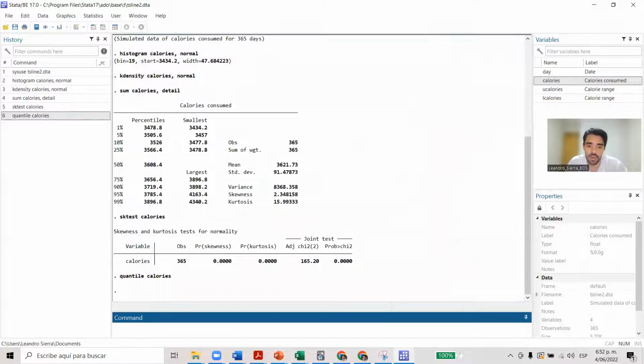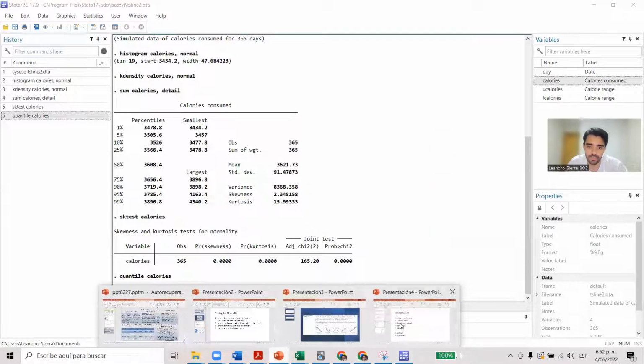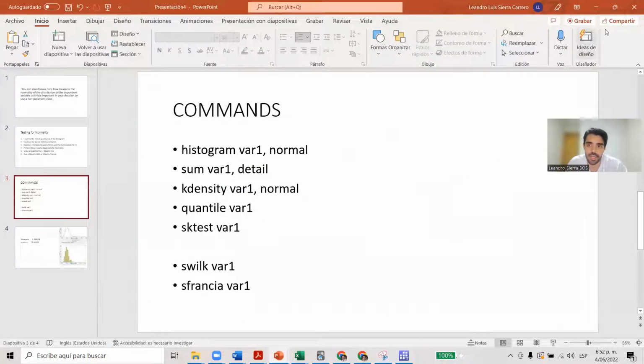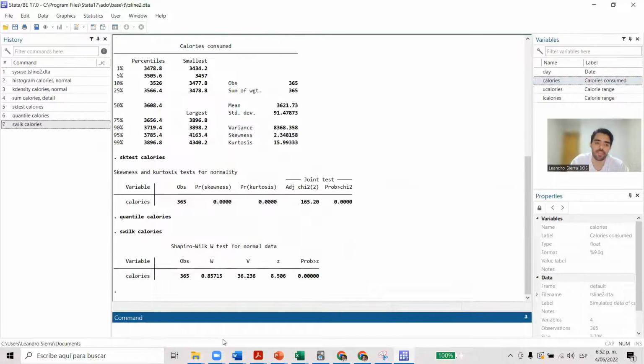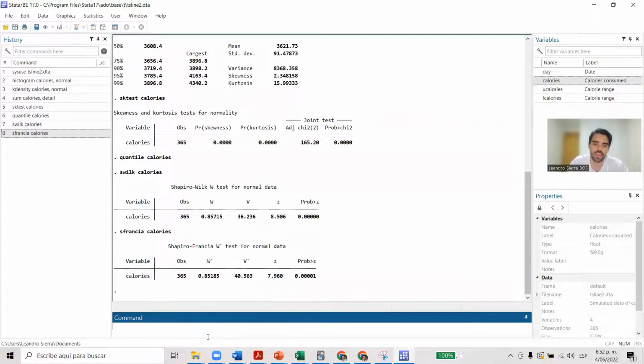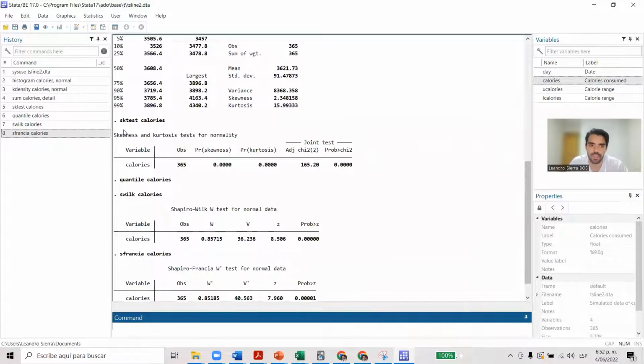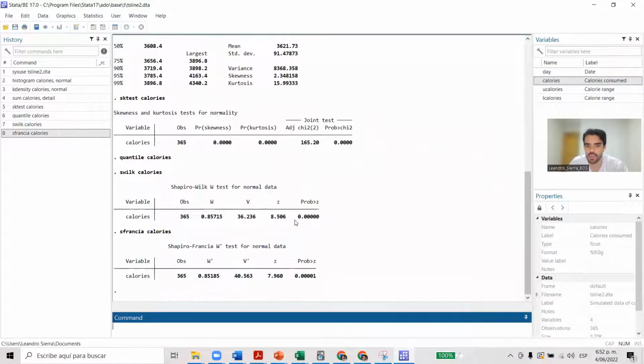Let's wrap up with the Shapiro tests. This is the last step. Shapiro-Wilk and Shapiro-Francia. Shapiro-Wilk, calories, and Shapiro-Francia. We read this the same way as we read the skewness and kurtosis tests. If those tests are less than 0.05, we're going to have non-normally distributed data.